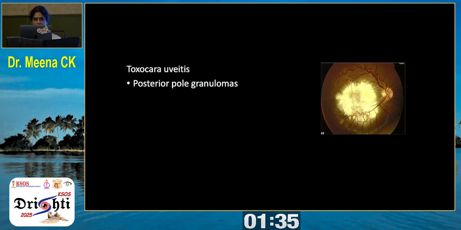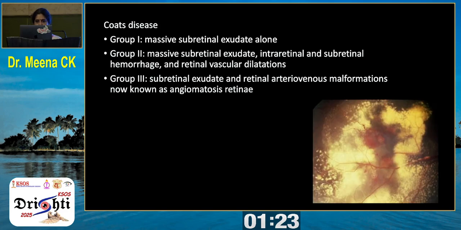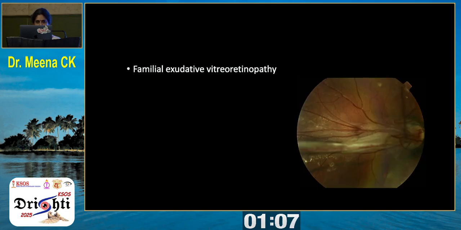Now coming to other conditions like toxocara uveitis, when it is involving the posterior pole, you can have granulomas, which can also present as a white glow. And Coats disease, it may not be there in infancy, but because of the subretinal exudates and the retinal vascular changes, all these go into the posterior segment surgeon's territory, but still you can make a diagnosis when the patient comes with these particular complaints.